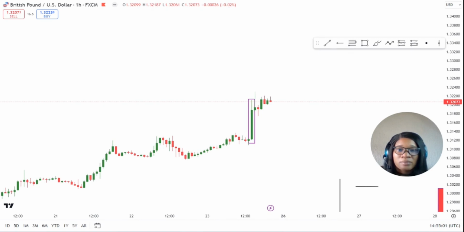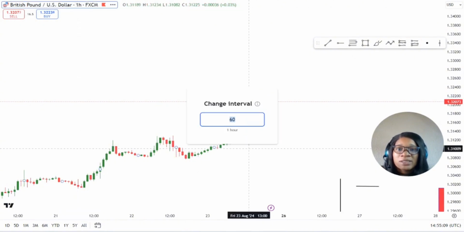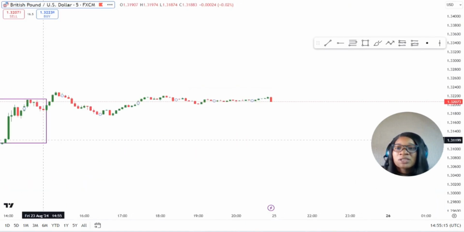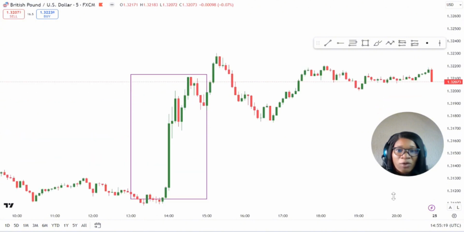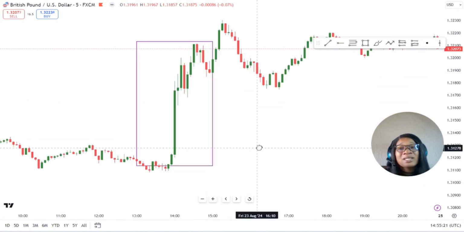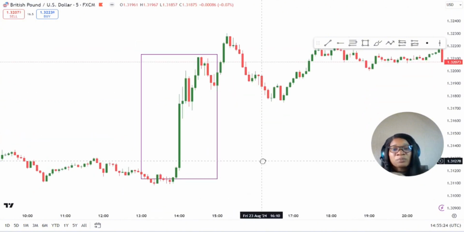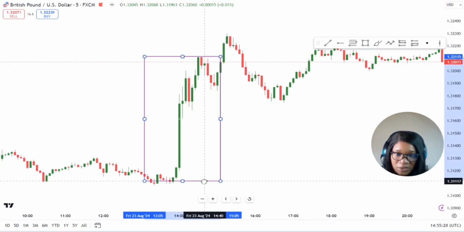So if we scale down to the 1-hour time frame rather. So if we scale down to maybe the 5 minutes time frame, you will see every activity that happened within that 1 hour, but now they are in 5 minutes time frame each.